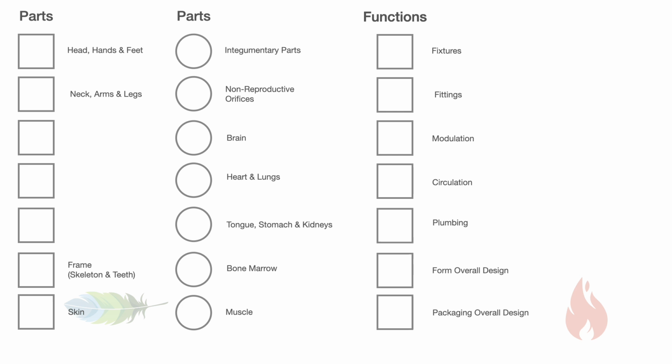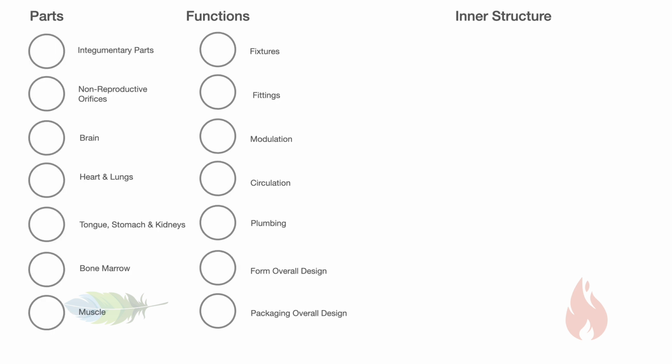Integumentary parts, those are really sensory parts. And because it's the basic design, we really just do non-reproductive orifices. So really all that means is that the female vagina is not going to be one of those parts. All right, so we've got our parts and then our functions.